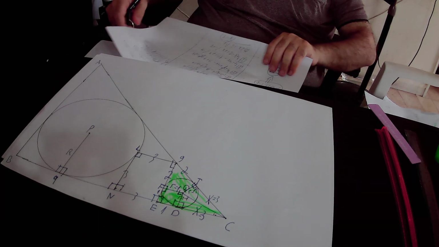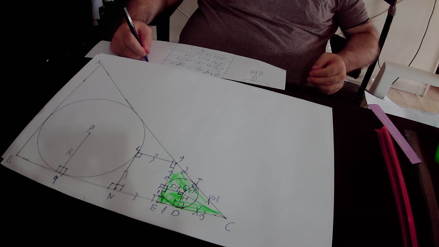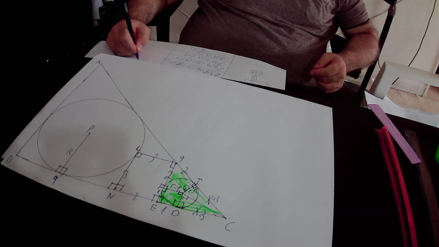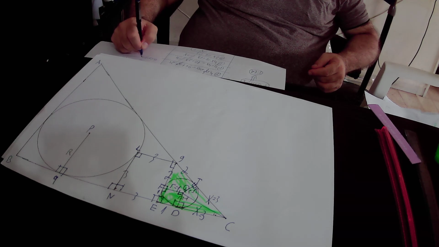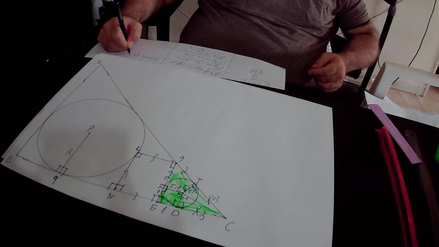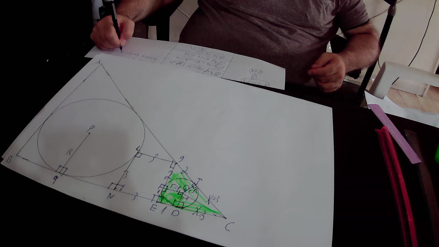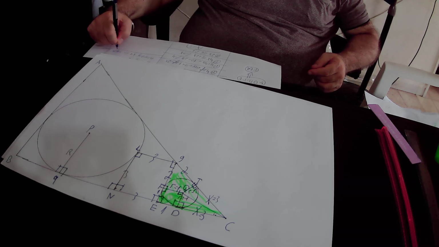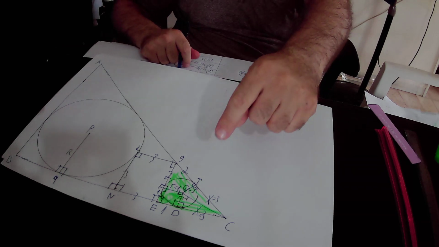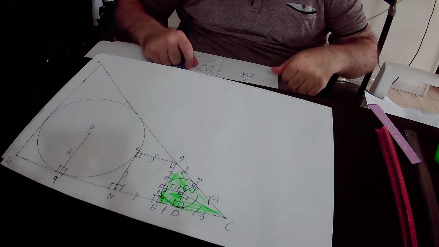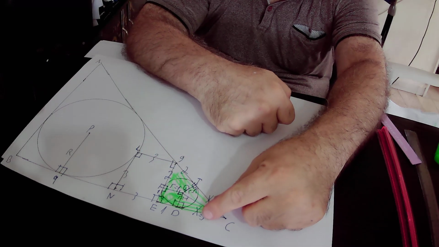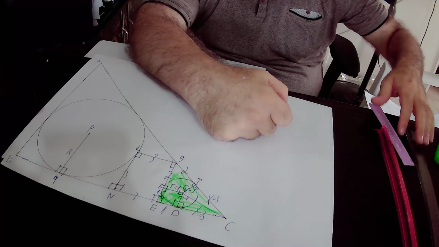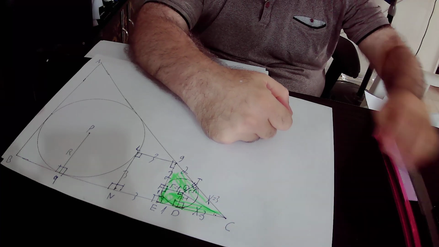So I write it down, triangle TOC congruent to triangle ODC according to the side rule. And from the fact that those two right triangles are congruent to each other, we derive that those two angles are equal to each other, according to the rule that corresponding angles in congruent triangles are equal to each other.